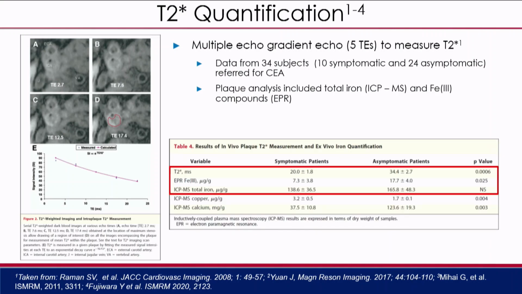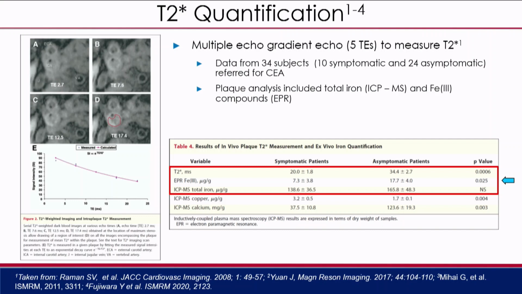What they found, first, is that the symptomatic patients have a shorter T2 star compared to asymptomatic patients. When they looked at the total iron content, it was interesting that there wasn't really much difference. There was no significant difference in terms of total iron content. But there was a clear difference in the amount of iron-3 species.